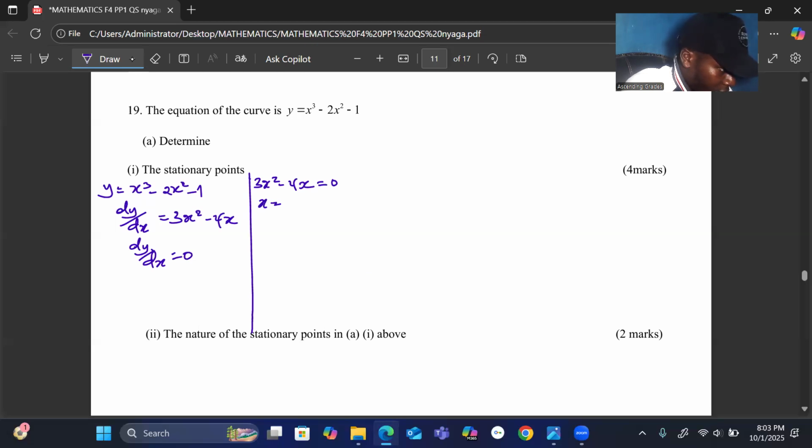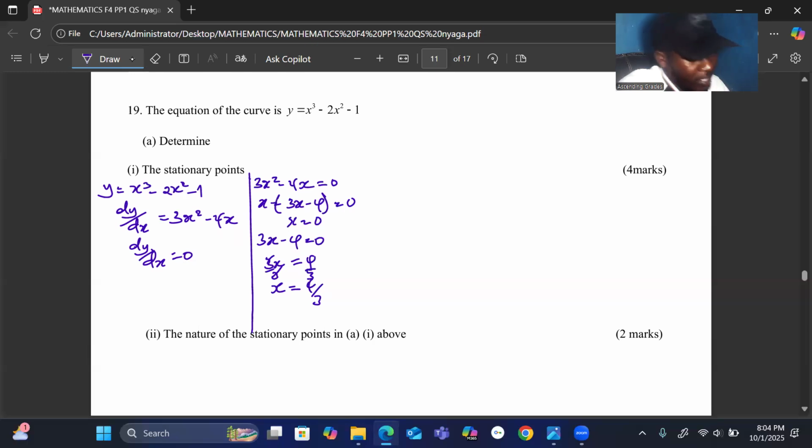So x into 3x minus 4 is equal to 0. Then x will be equal to 0. Then 3x minus 4 equals 0, and we shall now have 3x is equal to 4. So x is equal to 4 over 3.